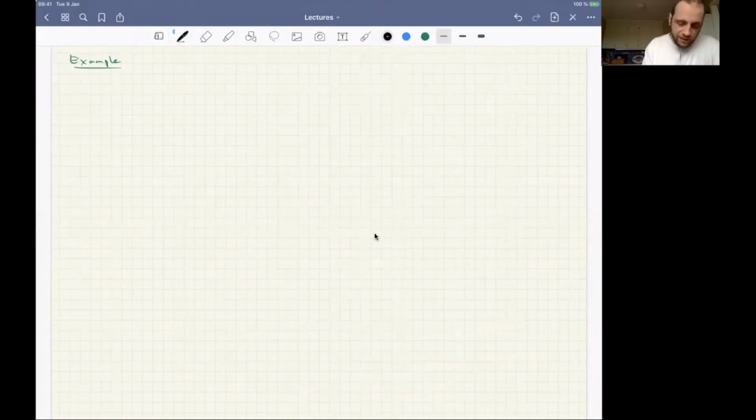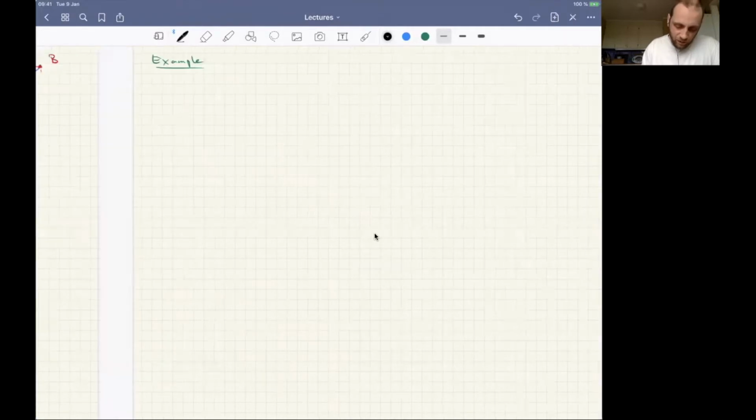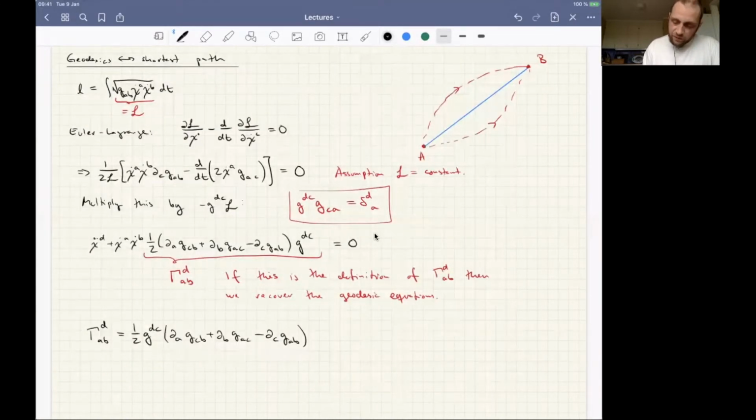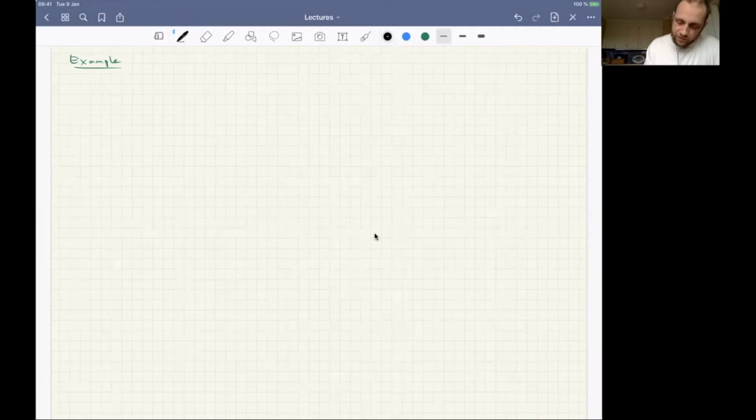Now, instead of using the expression that I had here, I'm going to use a different expression, which is the following. I'm going to define some S, which is 1/2 times the integral of, instead of the square root term, GAB chi dot A chi dot B dt.